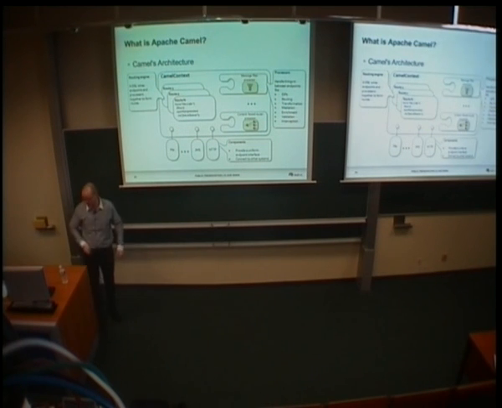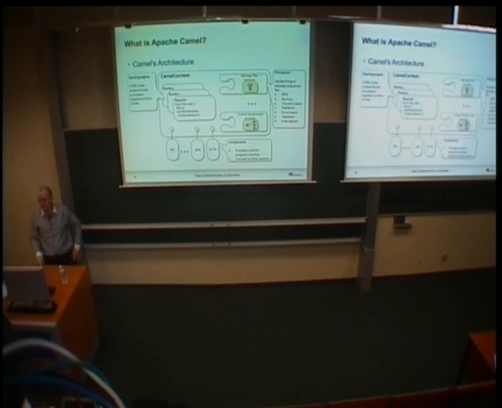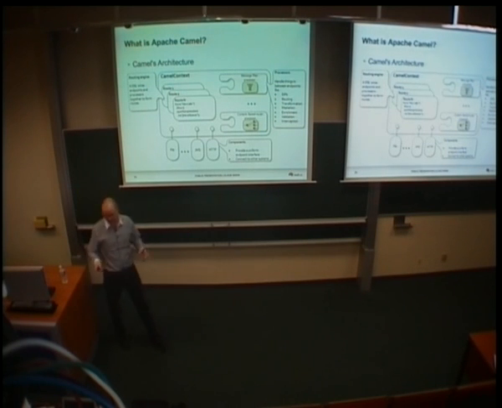Do I also understand it that one Camel context could be equal to one application context from Spring? Yes, yes. Well, you can have as many Camel contexts as you want, but it's kind of normal to maybe only have one and then have multiple routes. But in the Spring Bean, you can have multiple Camel contexts, if that makes sense.